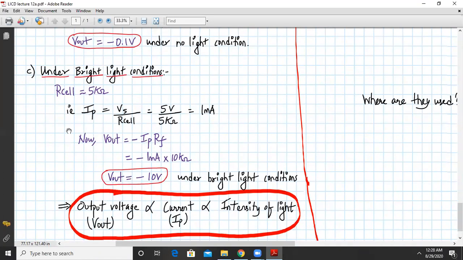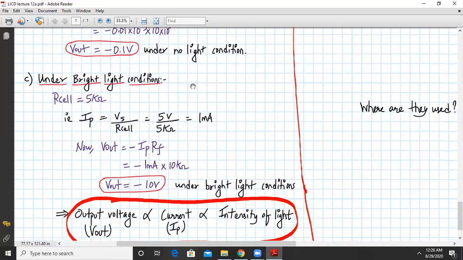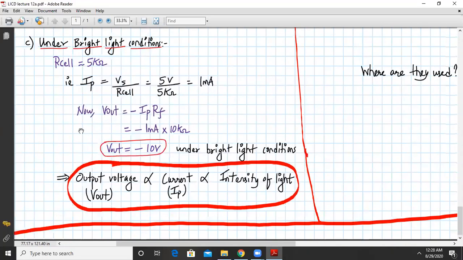That gives Vout as minus 10 volts under bright light conditions. So you can see a contrast between the output voltage under no light and under bright light. That means one thing: the output voltage is proportional to the current IP, which is proportional to the intensity of light.